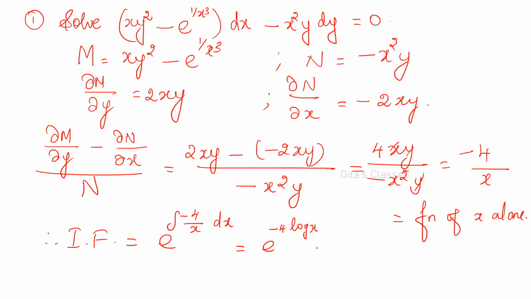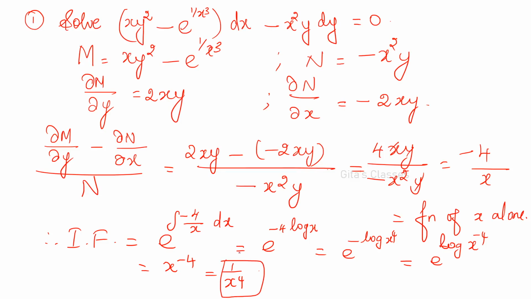So I can write this as e power log of x power minus 4. E and log are inverse functions, therefore you can write it as x power minus 4, or 1 by x power 4. 1 by x power 4 is our integrating factor. So now you have to give this equation number 1.